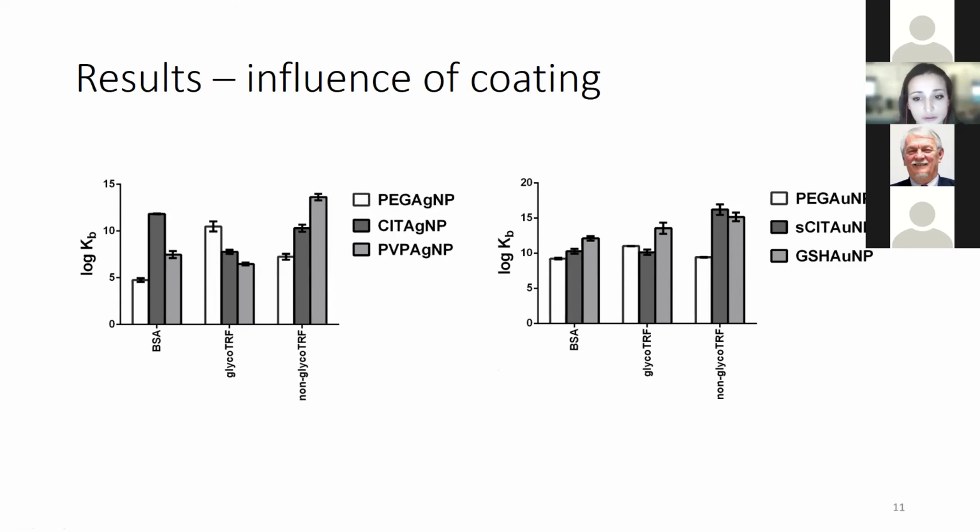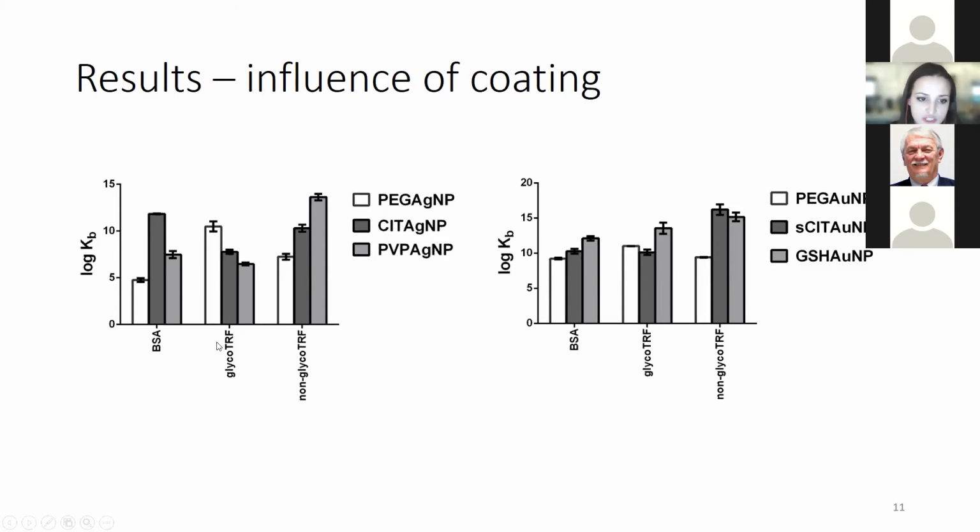But this was not noticed for glycosylated transferrin, which may be due to the hydrophilicity of PEG, because glycans on the surface make the protein more hydrophilic, and therefore maybe the environment was better for the attachment of PEG coated nanoparticles.